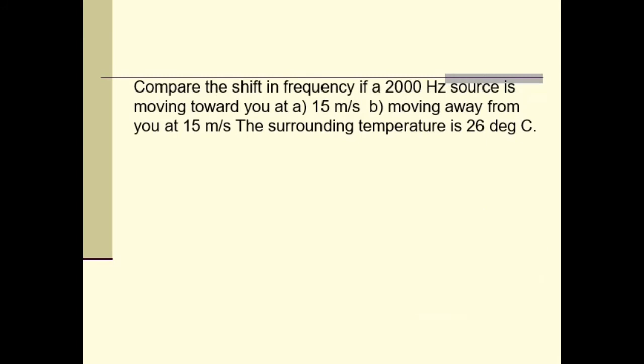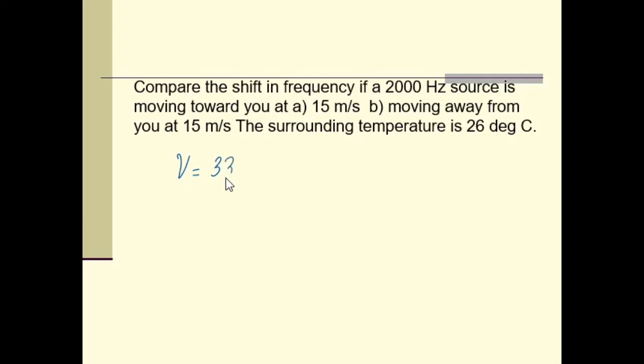Okay, next. Let us now compare the shift in frequency if a 2000 hertz source is moving toward you at 15 meters per second or also moving away from you at 15 meters per second if the surrounding temperature is 26 degrees Celsius. So again, let's solve first for the velocity of sound.